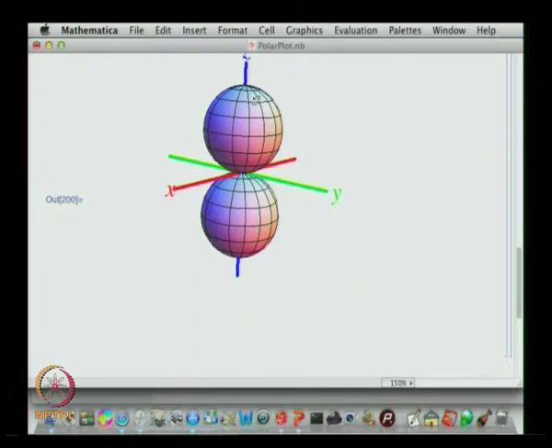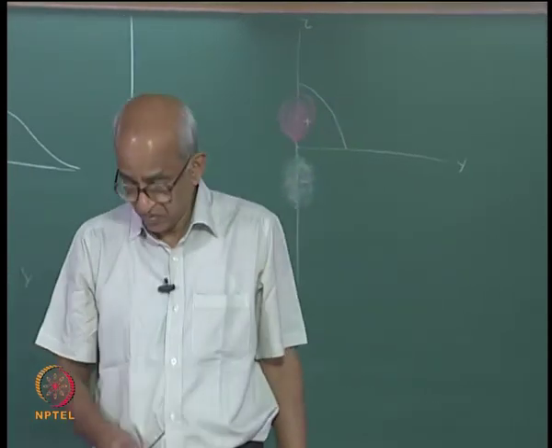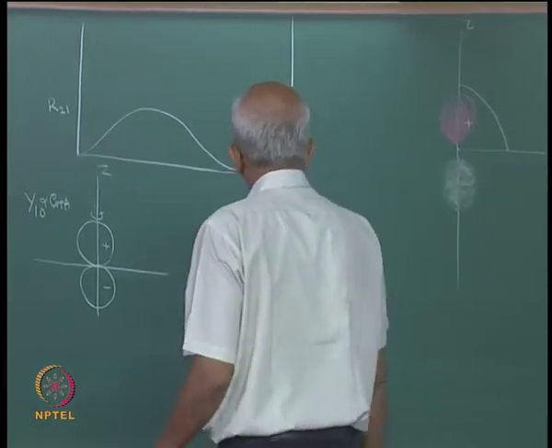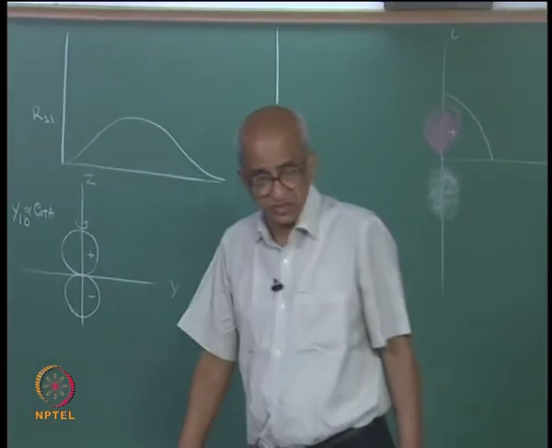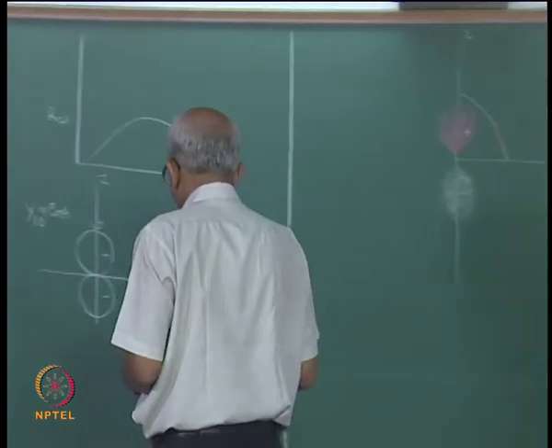You see what I have described, it is just two spheres touching each other at the origin, that is what happens with a P atomic orbital. Okay. And now we will look at the other P orbitals, as I have mentioned in the previous lecture.